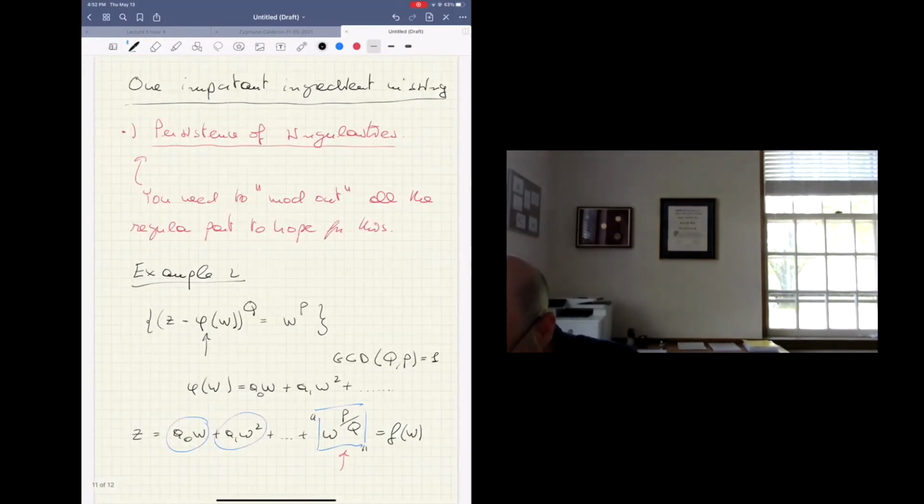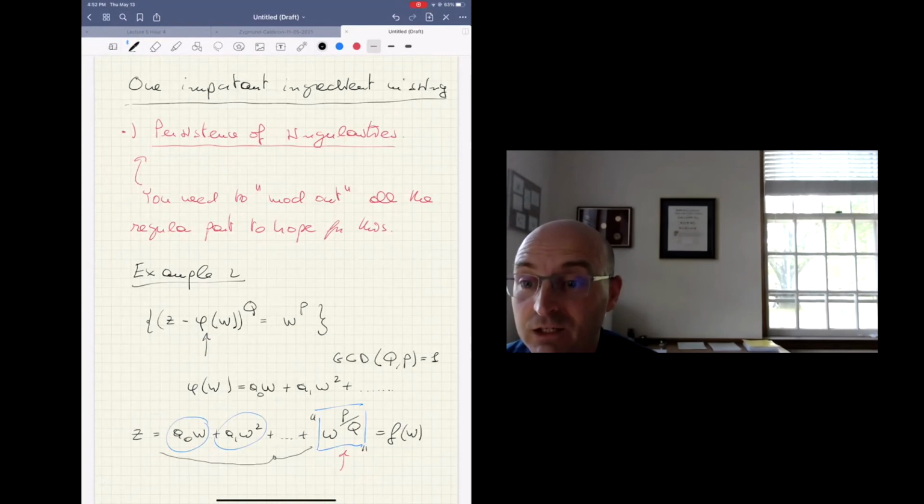So if I want to see something meaningful in my rescalings, I need to subtract the regular part, before I actually see the singularity, as my first homogeneous part of the function, I mean, as the largest homogeneous part of the function in this expansion.